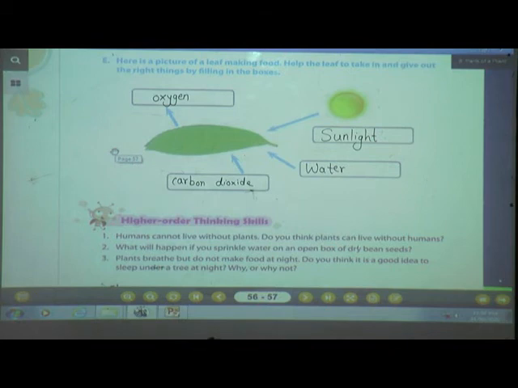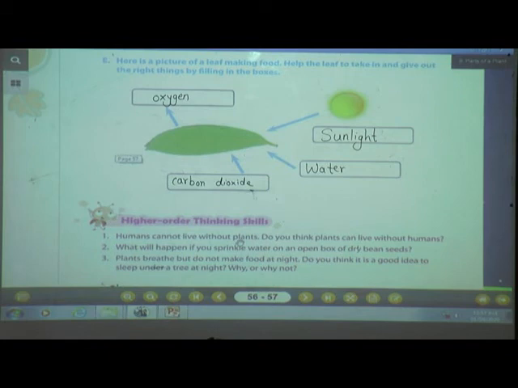Yes. Now can you tell me, see here, higher order thinking skills. Humans cannot live without plants. Do you think plants can live without humans? See, why can we not live without plants? Because we need oxygen to breathe. And from where do we get it? We get it from the leaves.